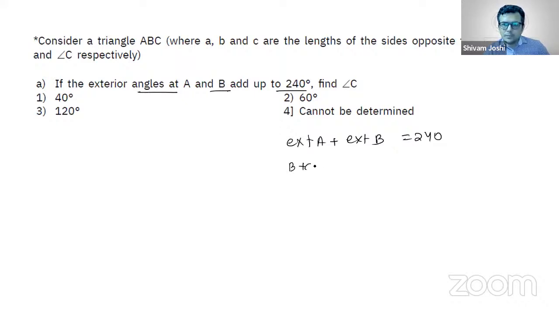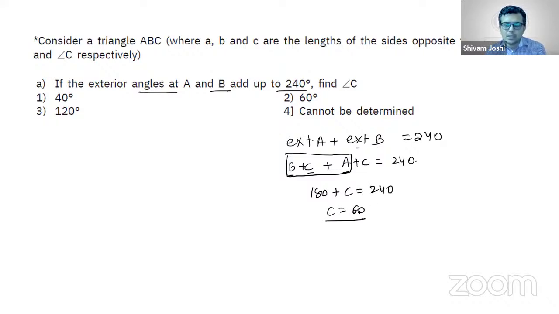B plus C. What is exterior B? A plus C. This is equal to 240. Now, can we say that B plus A plus C, these three angles, will add up to 180, because that is the sum of interior angles, correct? So if I write 180 for this, my C is going to be 240 minus 180, and that is 60.